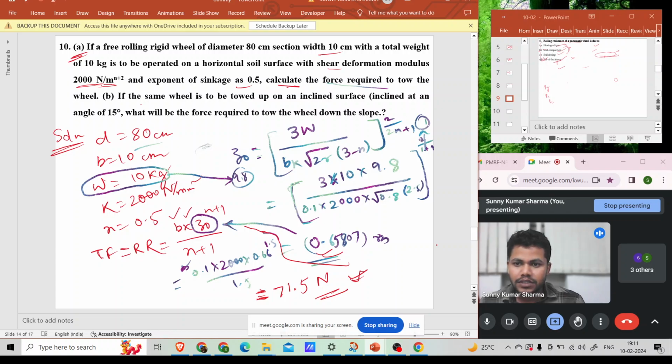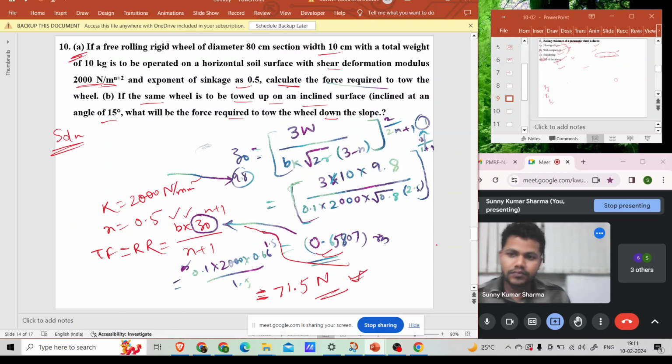So the second portion is, if the same wheel is to be towed on an inclined surface of angle 15 degrees, what will be the force required to tow the wheel down the slope? This is the wheel, this is 15 degrees. What is the force required to tow the wheel downwards?